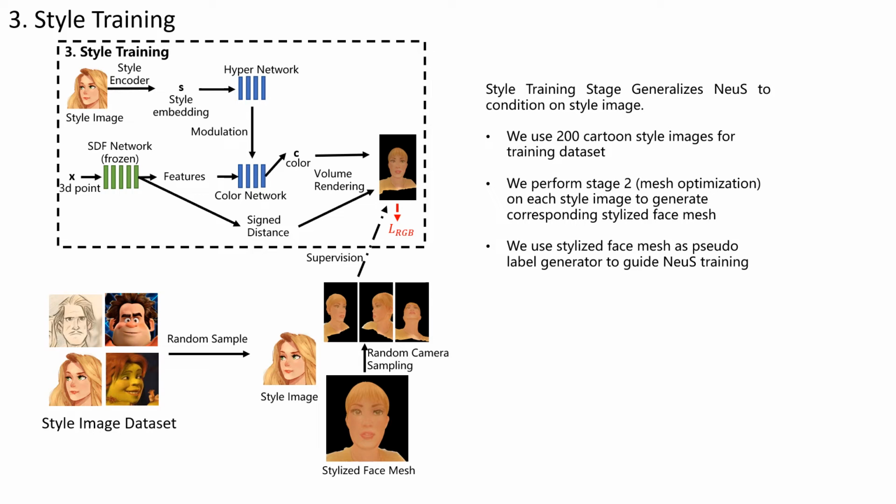We train this network on a style image dataset of 200 images, and use the stylized mesh from stage 2 as the pseudo ground truth generator for supervision. For each training iteration, we randomly sample a style and its corresponding stylized mesh, and a random viewpoint. We then render the stylized face mesh as the ground truth to train the hypernetwork and color network with RGB losses.